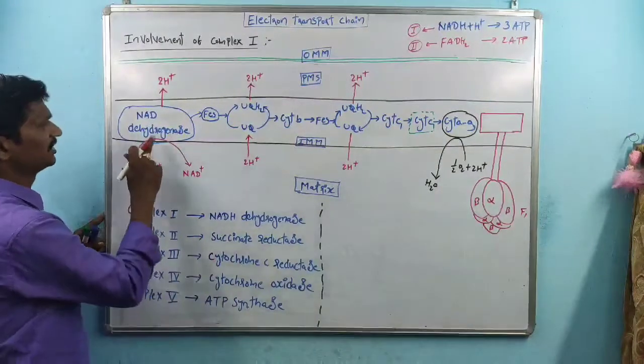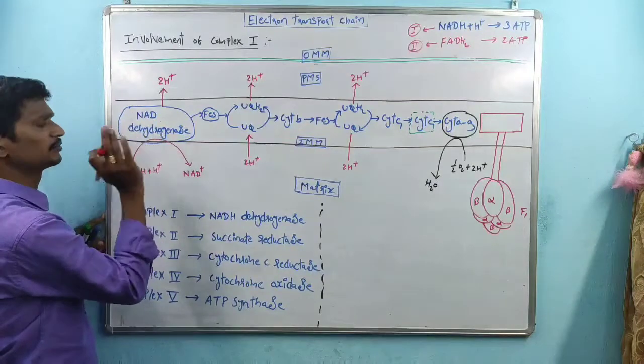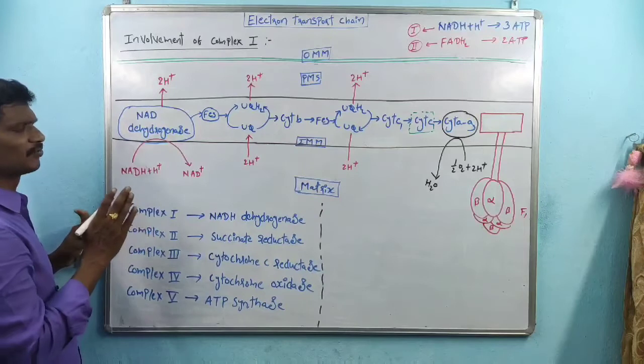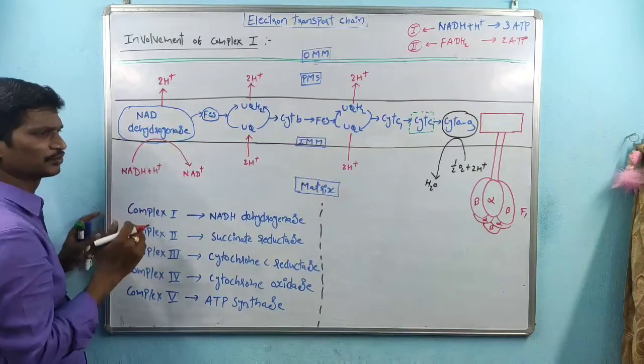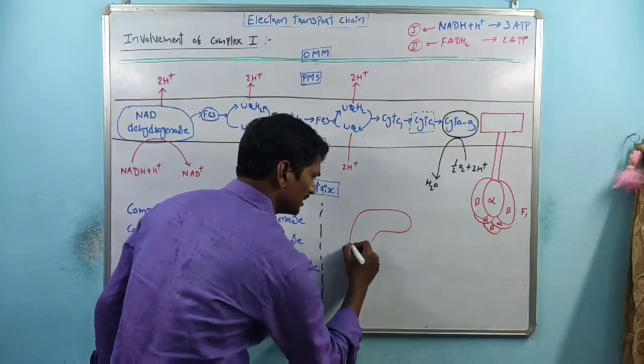This is NADH dehydrogenase, the very first complex in the electron transport chain. Generally the shape of complex 1 is an L shape.